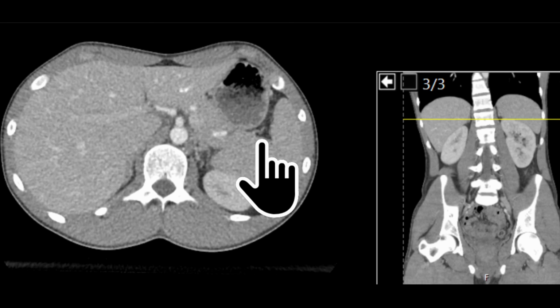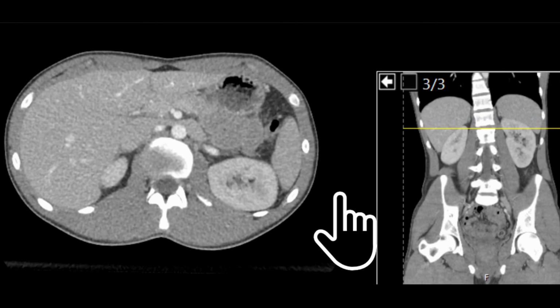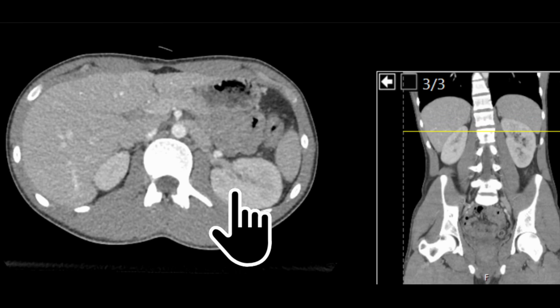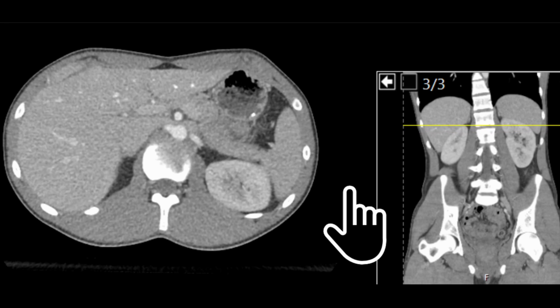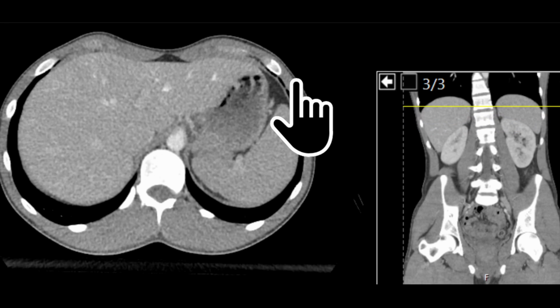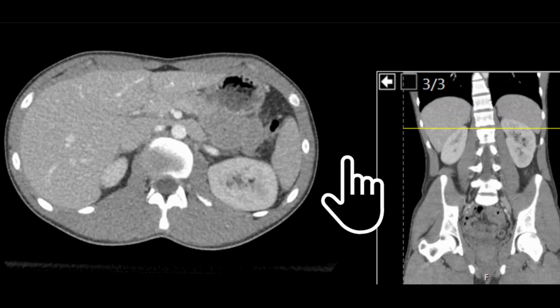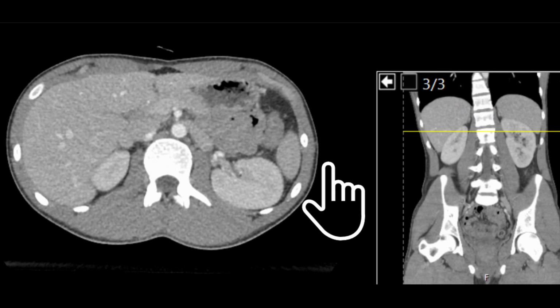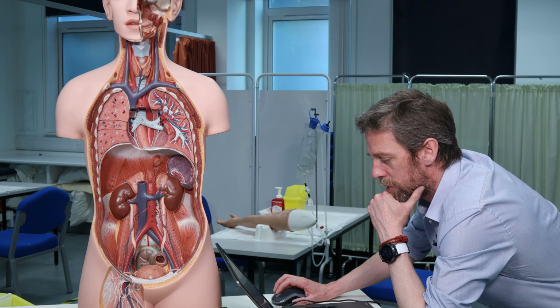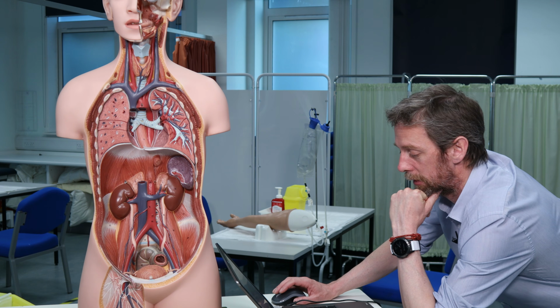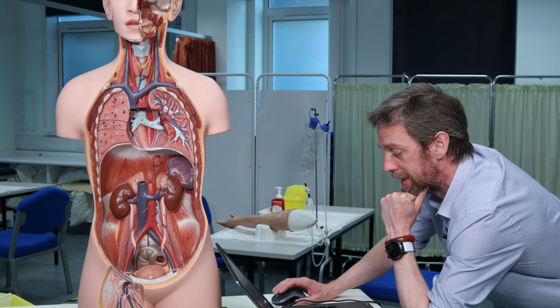There's the kidney. But we've got spleen, kidney, kidney. I scroll up, stomach, spleen, scroll down, kidney, kidney. Okay? So I just wanted to point out the difference between the locations of the spleen and the kidneys.